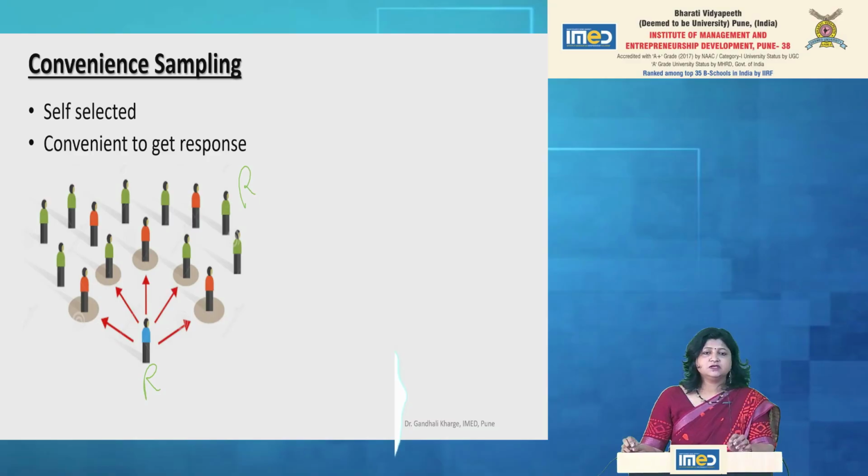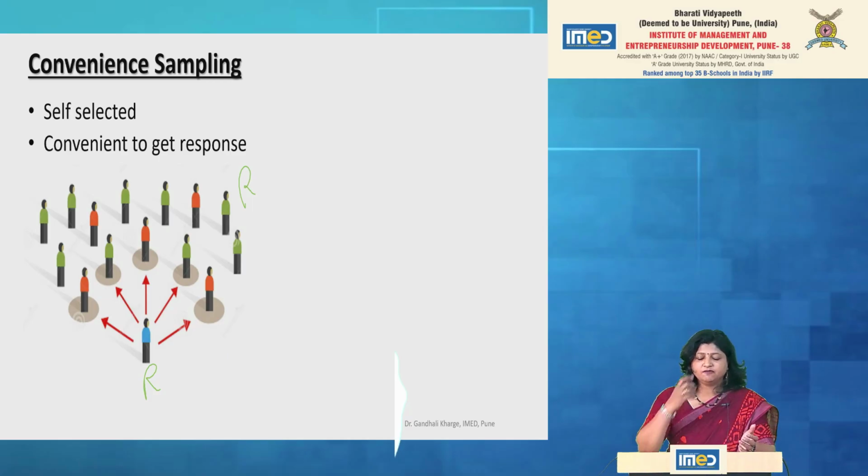First is on the basis of convenience of the researcher, convenience in the sense of getting a response. Though our population is spread worldwide, I will collect data from whichever respondents are nearest and most convenient.